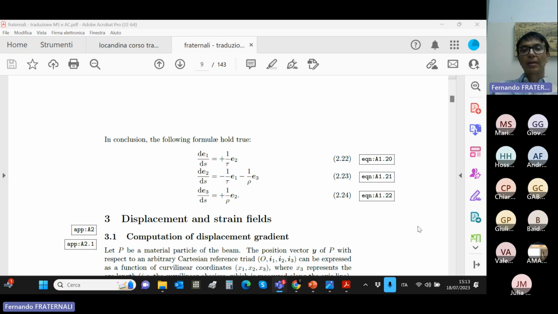So all those derivatives give vectors that are orthogonal to the vector that we are differentiating. This is because these vectors are unit vectors, so one can demonstrate that the derivative of a vector with fixed length, which is the case of a unit vector, is orthogonal to the vector. And so dE1 over ds, the derivative of the binormal, is 1 over tau E2.